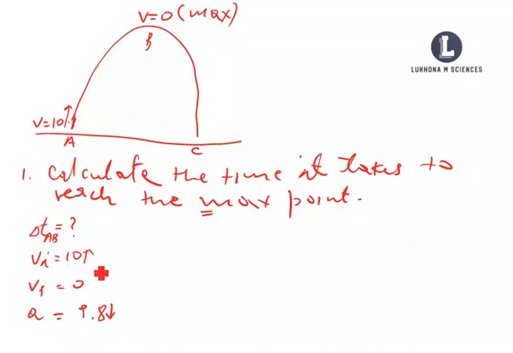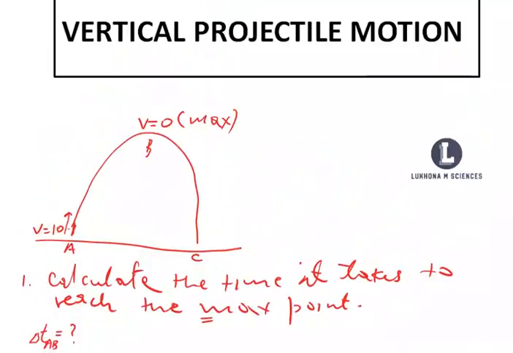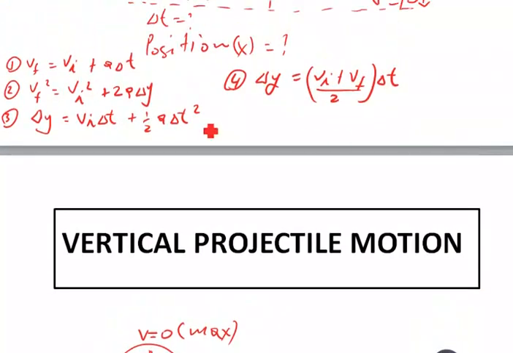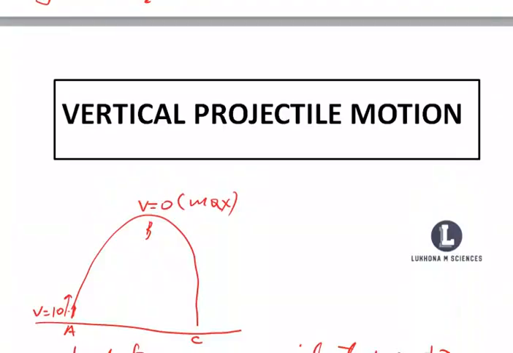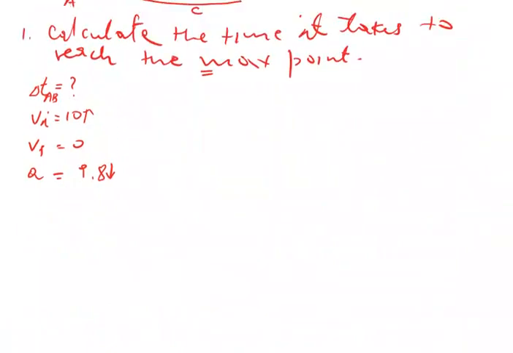Then you go to the formula sheet and check which formula goes with this data. Let's go back to the formulas. So we have the final velocity, initial velocity, acceleration. We're looking for time. So equation number 1 is perfect for our data. Final velocity is equal to initial velocity plus a delta t.